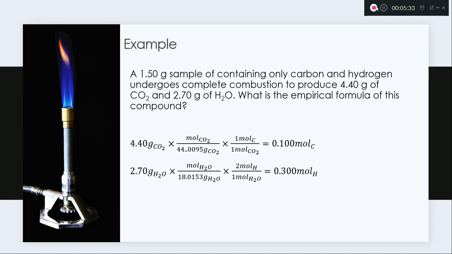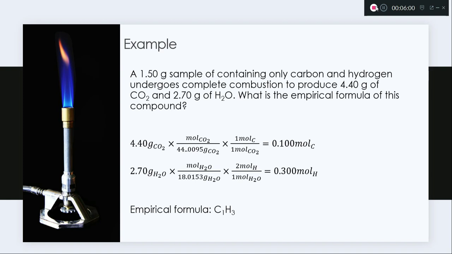And without doing the crazy math of dividing by the smallest, you can definitely see that there's a 3-to-1 ratio here, which means the empirical formula for this substance that is burning in this Bunsen burner on the left-hand side has a formula of C1H3. So see how that wraps around to what we did before, where we're trying to find the ratio of the atoms, but now we're getting it through stoichiometry.